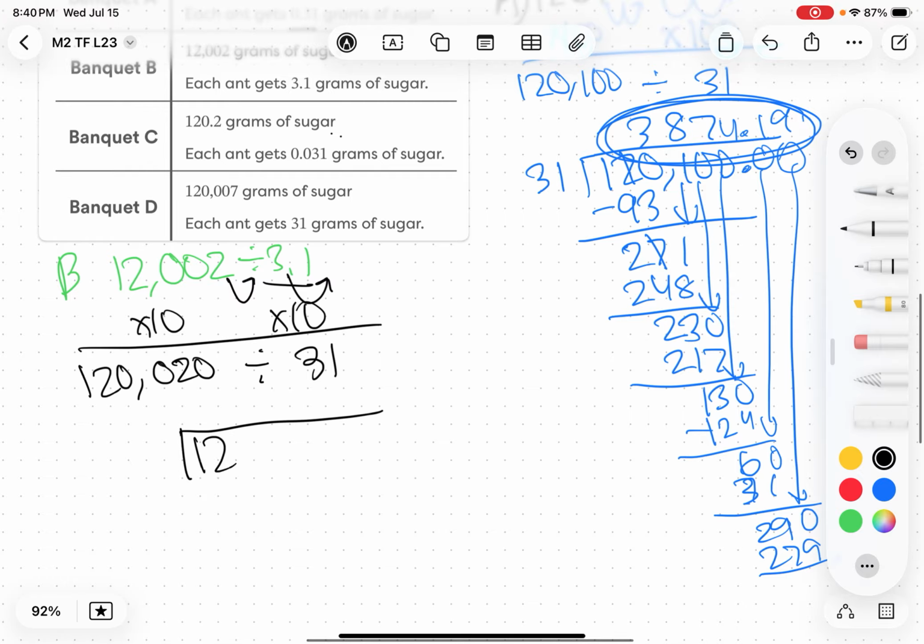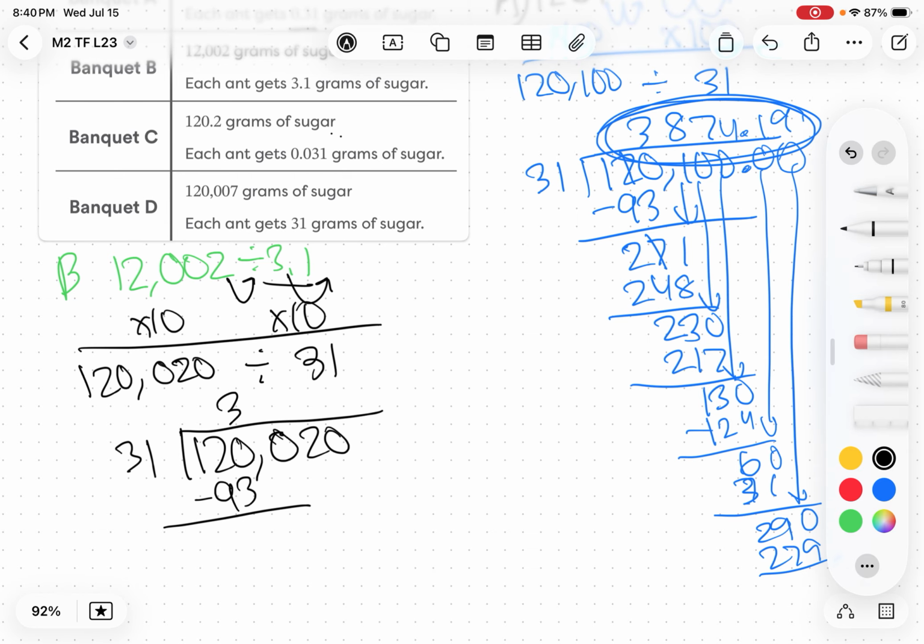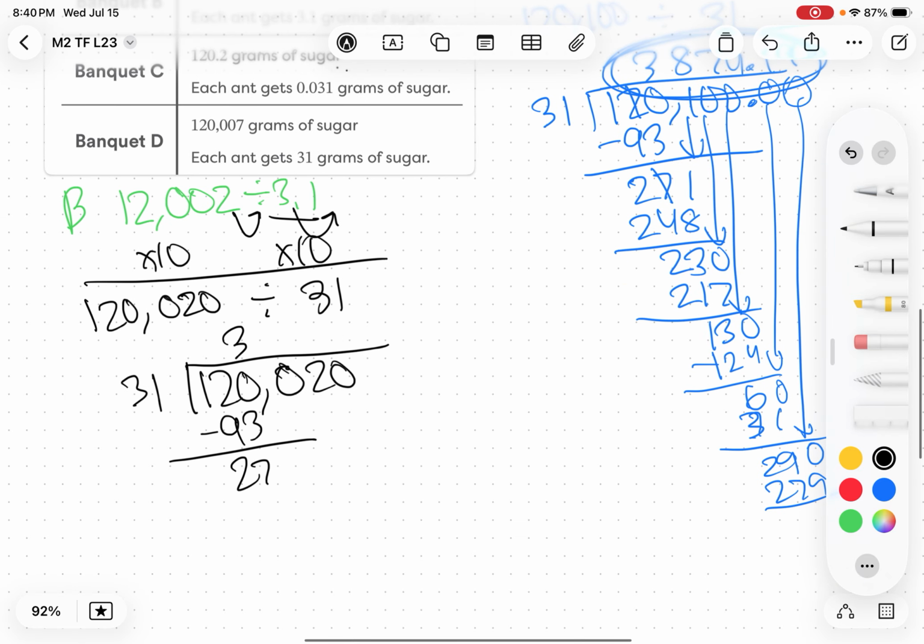And we have very similar numbers to the previous one. Same divisor. So 31 doesn't go into 1 or 12, but it goes into 123 times. 3 times 31 is 93. Subtract, I'm going to get 27 and bring down that 0. 31 would go into 278 times, and that's going to be 248.